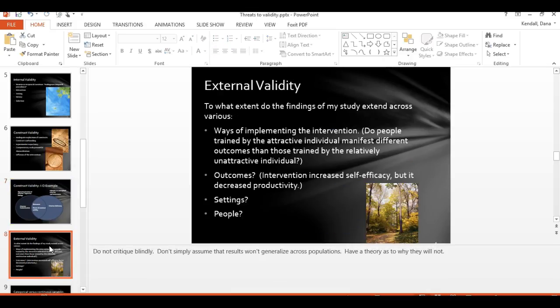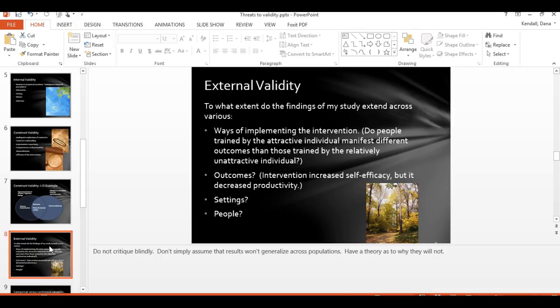Okay, let's move on to external validity. To what extent do the findings of my study extend across various things like settings and people, etc.? Now, I just wanted to say a quick word before moving on, because I think I explained it in the other slide. People a lot of times will give throwaway lines.